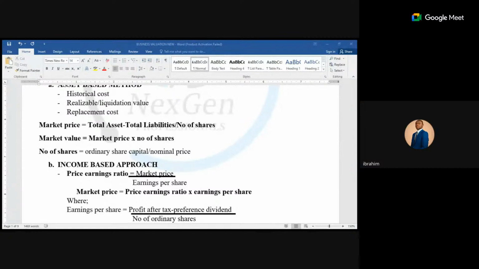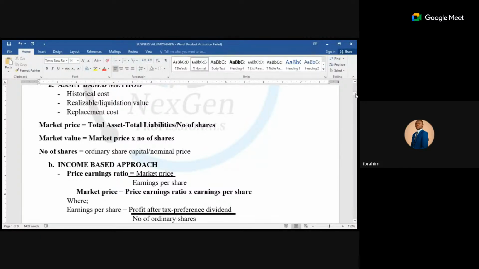So, under the income-based approach, you and I can agree that this is accounting profit, and accounting profit is actually subjective. So how do we determine the market price under the income-based approach?